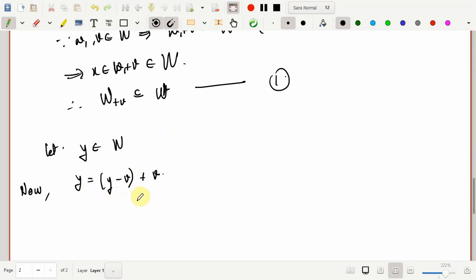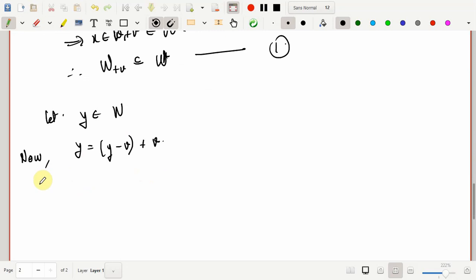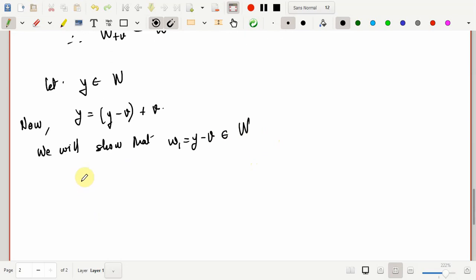In that case y will be of the form w plus v, where w is nothing but y minus v, which belongs to W, and therefore this y is coming from W plus v. I'll take this as, say, w1, which is equal to y minus v. This vector belongs to W, so then we are done. So this is what only we need to show.